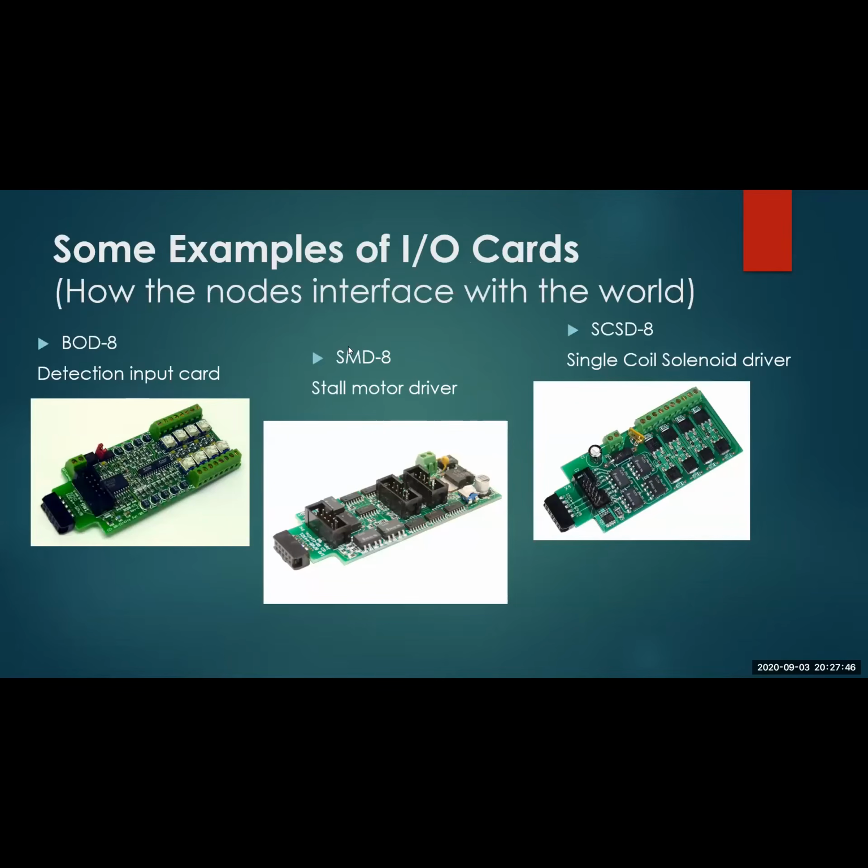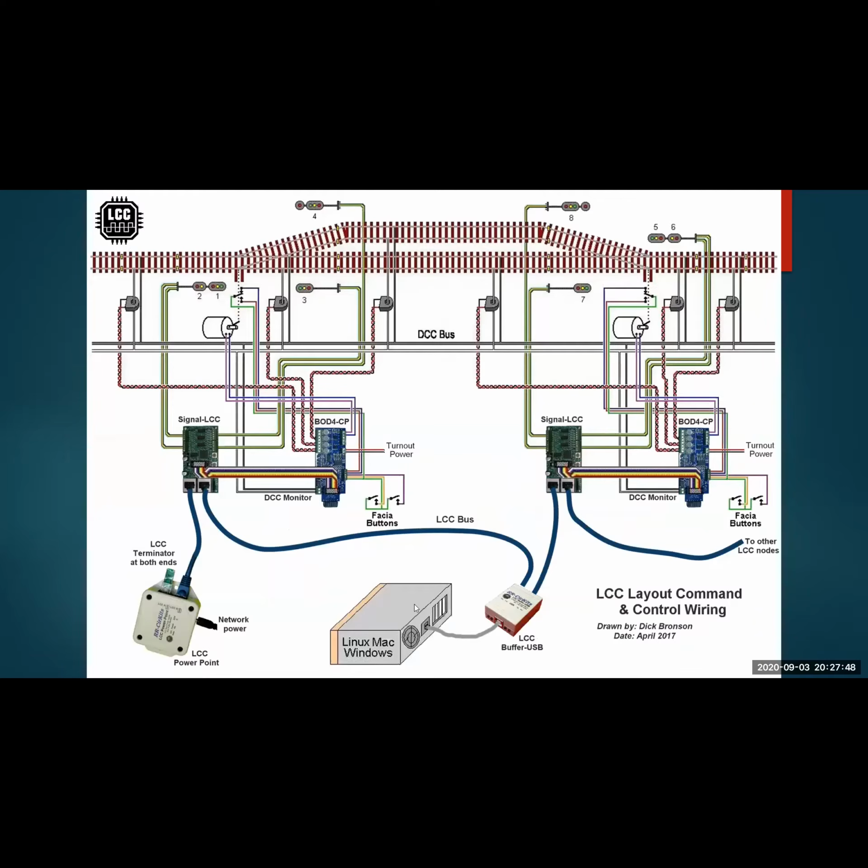All right, cruising along here. Don't get too scared away by the picture here, but this is surprisingly simple if you really look at it, although you might not believe it. So you have your PC interface to configure the nodes, you have your power input. But this is really how you wire it out. You've got these SignalLCCs, and you can see the ribbon cable going up to your signals, very similar to some of your Digitrax products. You've got some current detectors that run back into your current boards here.